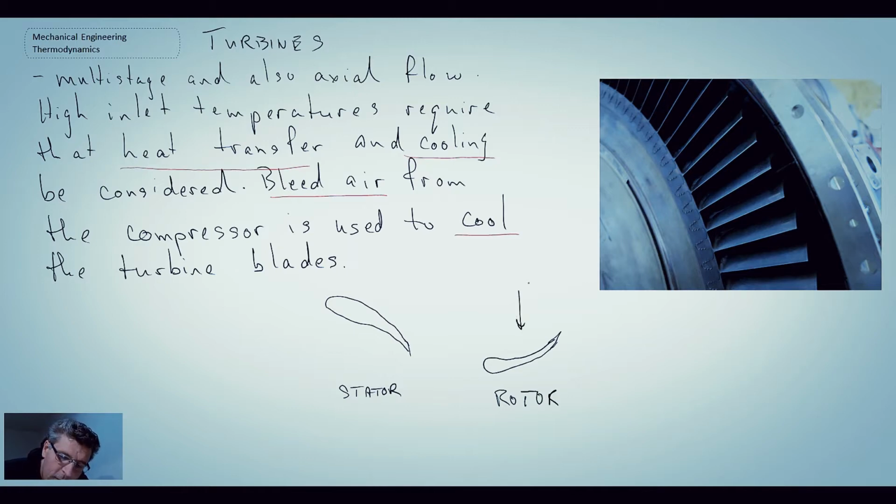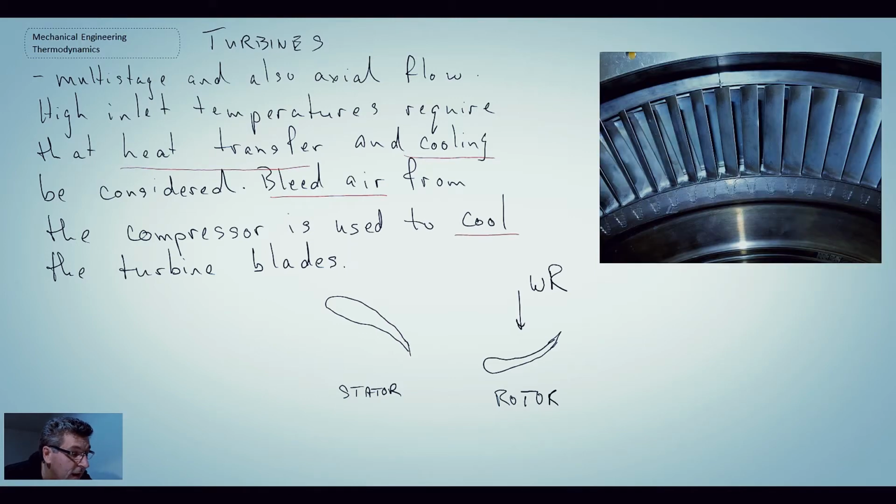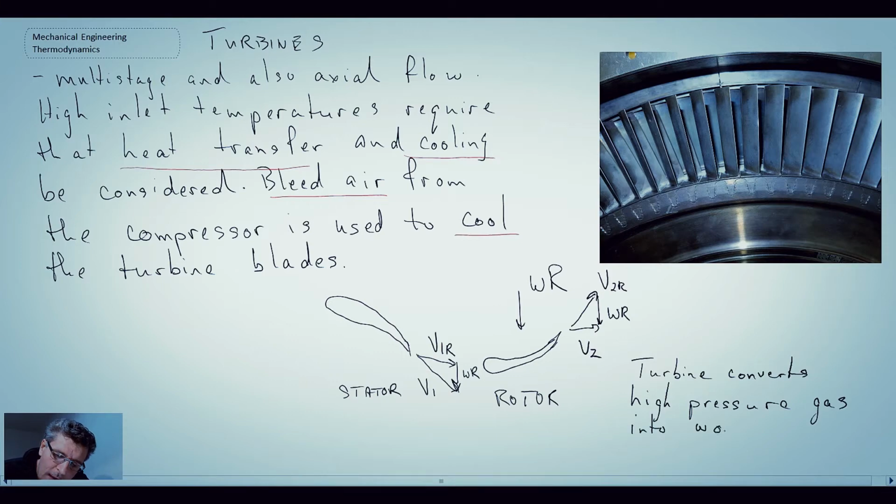Here the rotor might be moving in that direction. Again, we use velocity diagrams, looking at the relative velocity from one stage to the next. So what the turbine is doing is converting high pressure and temperature gas, so high enthalpy fluid, into work.